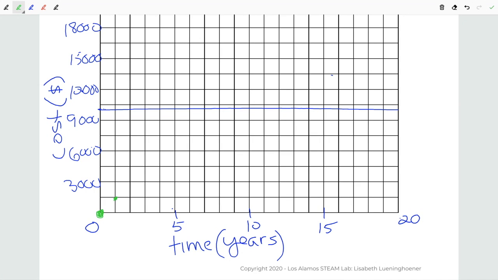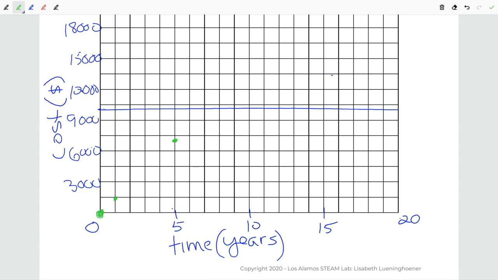At year 5, I have spent $7,000, which is closer to 6,000 than it is to 9,000, but it's closer to the center line, which is 7,500, than it is to 6,000.